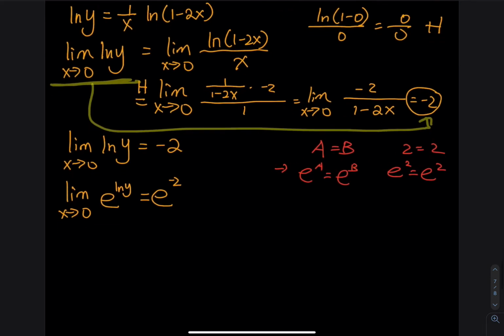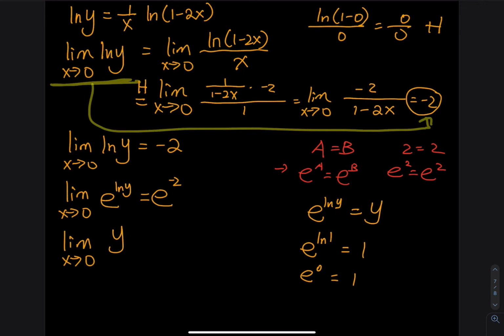And then what is e to the ln y? So e to the ln y is just equal to y. E to the ln 1 is just equal to 1, right? Or e to the ln 1 is e to the 0, which is just equal to 1. So e to the ln y is just equal to y. Then we have the limit as x approaches 0, y is equal to e to the negative 2.